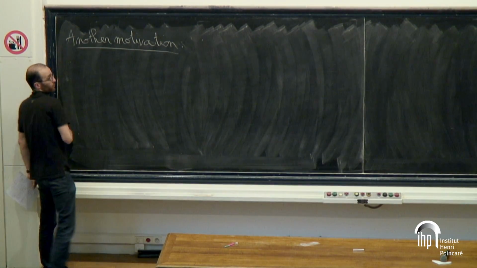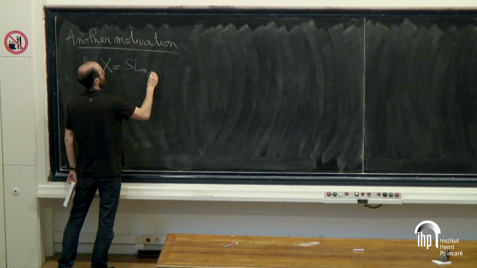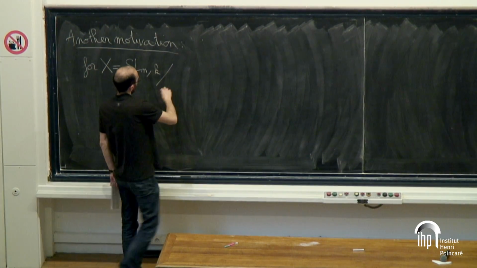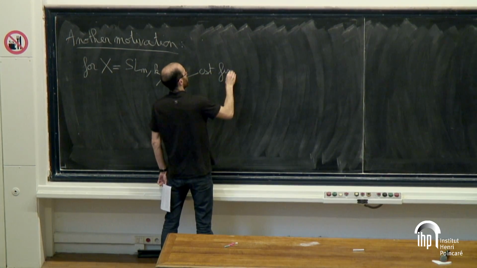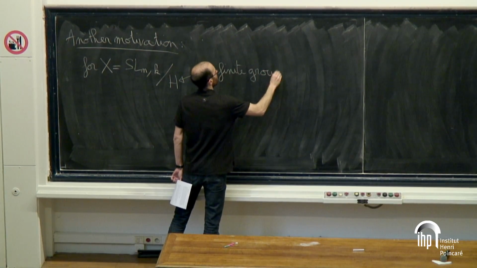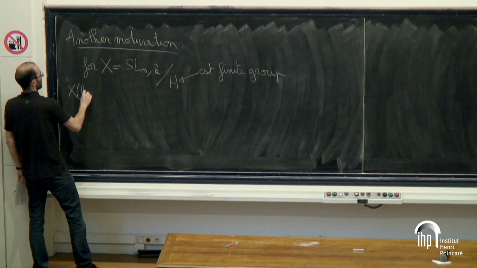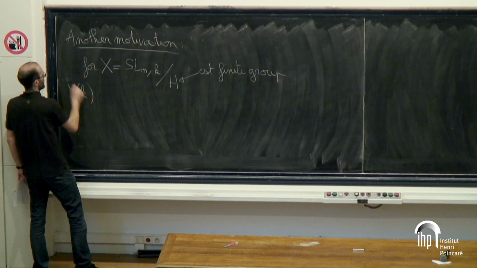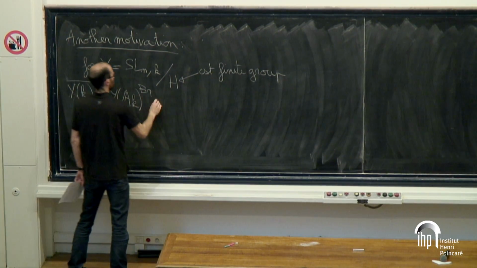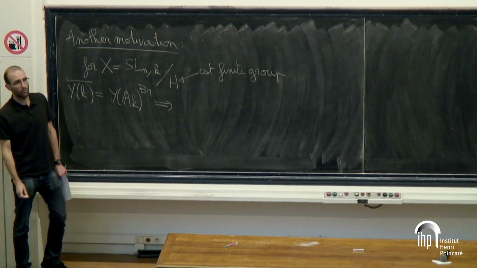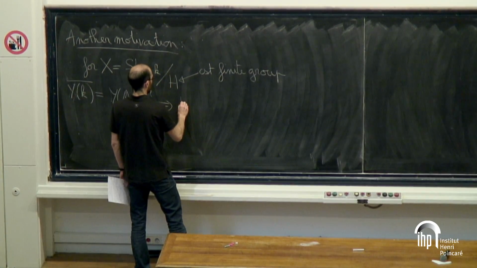If you believe in the conjecture for X equals SL_n modulo a constant finite group, an abstract finite group H, then the conjecture implies that if Y is dense in the adelic set, then we have a positive answer.